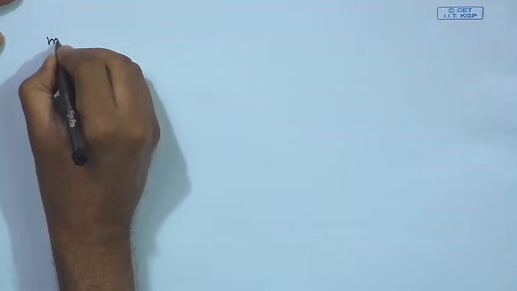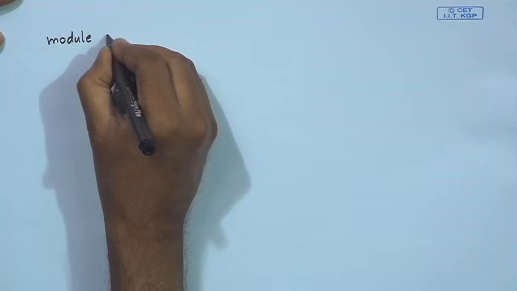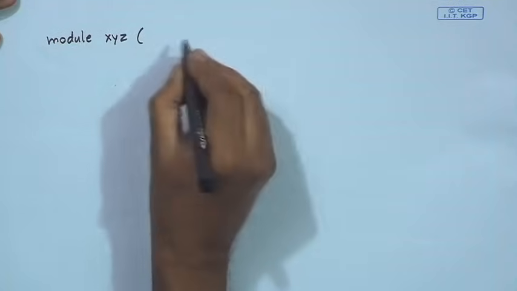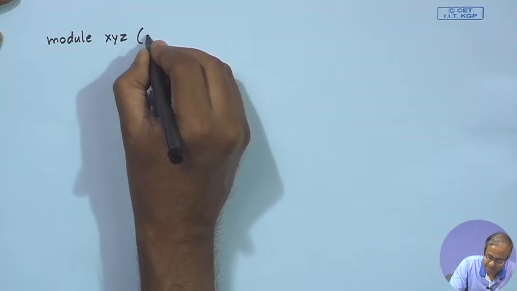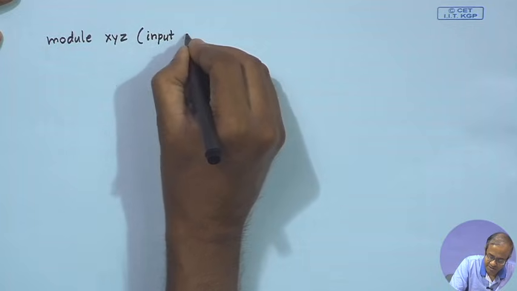Let us take a very simple example. Suppose we are creating a module description, let us say the name of the module is XYZ. Well, another thing I am specifying here, you can specify the input and output description here also. The modern versions of Verilog support this.